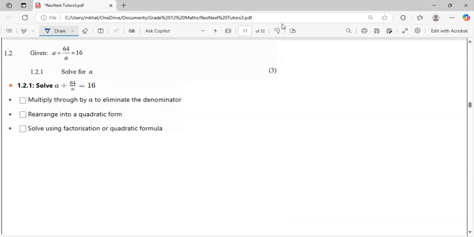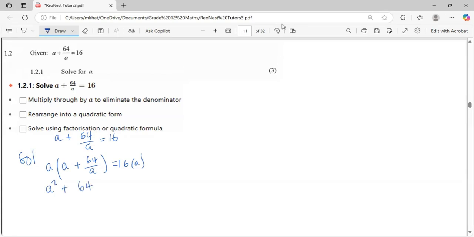So now to put it in a standard form, I'm going to eliminate the denominator, meaning that for a plus 64 over a equals to 16, I am going to multiply both sides by a. So in this case, I'm going to have a squared plus 64.